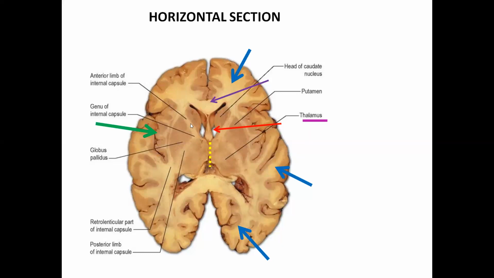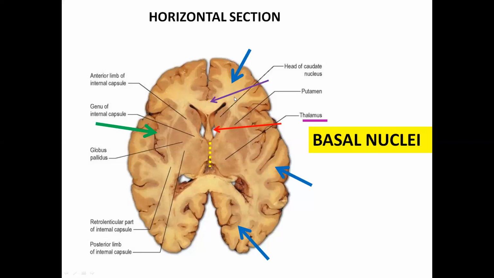Now, this white matter bundle that you see here, between the lentiform nucleus and caudate nucleus, between the lentiform nucleus and the thalami, that is the internal capsule. Now, this horizontal section is the best way to study the components of basal nuclei. So, in this section, you can see the outer gray matter of the cerebral cortex.